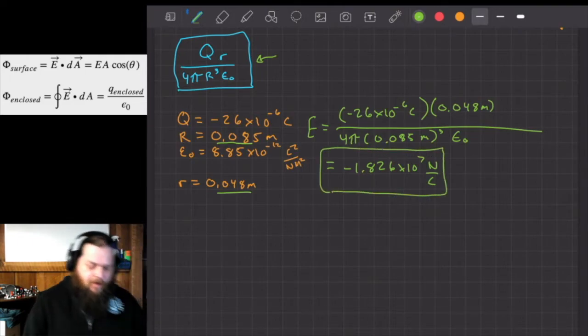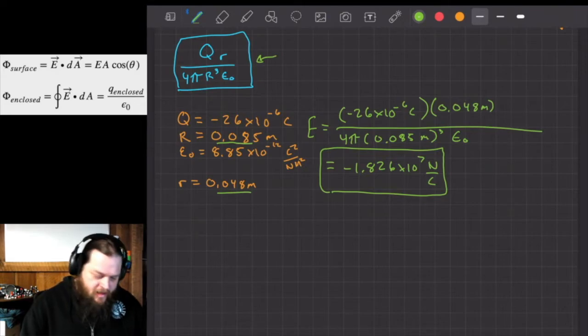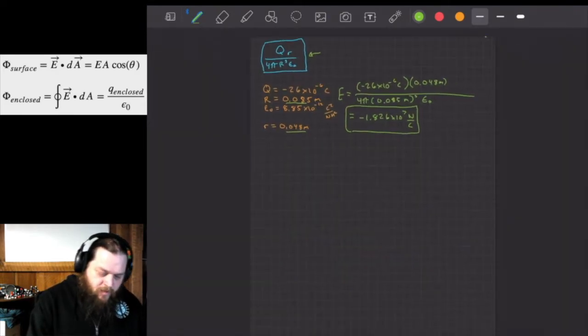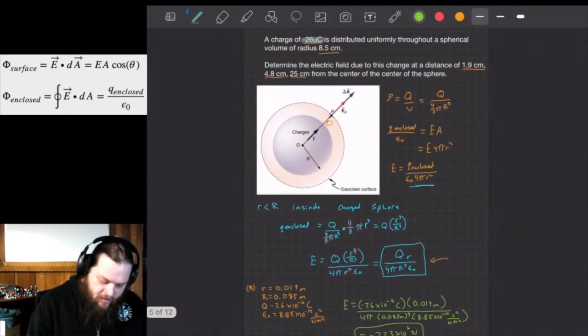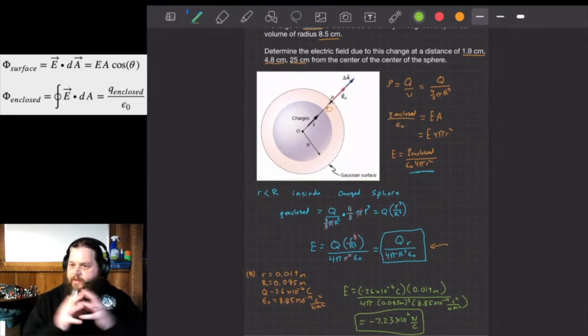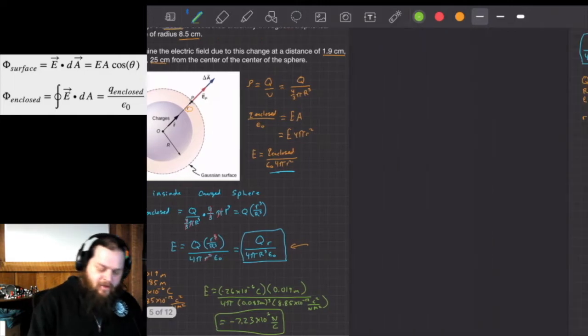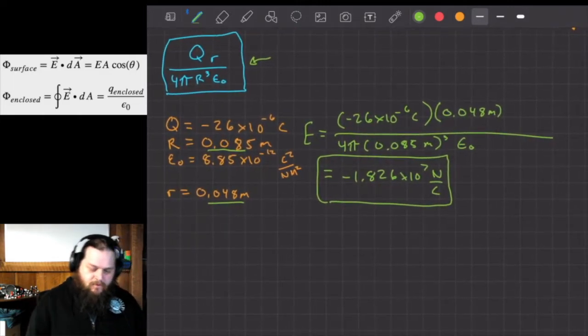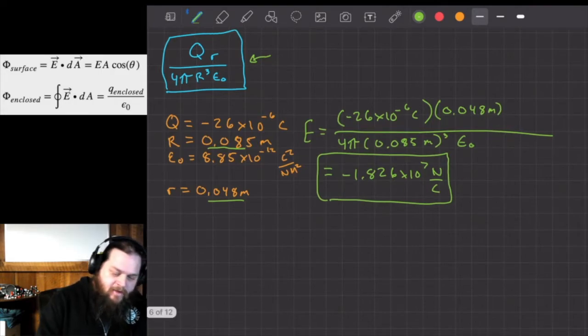So the electric field at that point, if we compare that 10 to the 7 versus 10 to the 6, is a little bit bigger because we have more charge enclosed in it, right? So that makes sense. I like to compare previous answers and make sure that what I'm getting makes some sense.